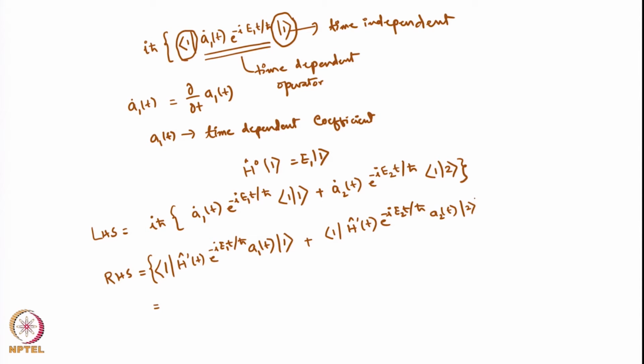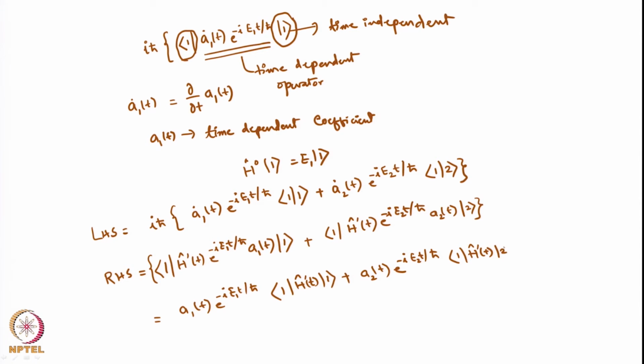So, that was your RHS. Now, this I can slightly rewrite because of the arguments that I used. It will be equal to A1 of t e to the power of minus i E1 t by h bar integral psi 1 star H prime of t psi 1 plus A2 of t e to the power of minus i E2 t by h bar integral psi 1 star H prime of t psi 2.